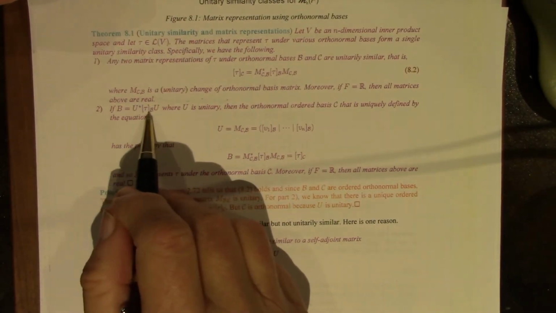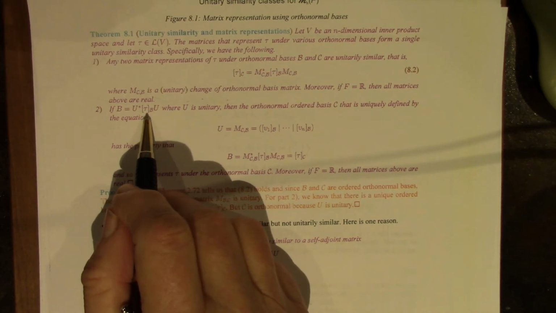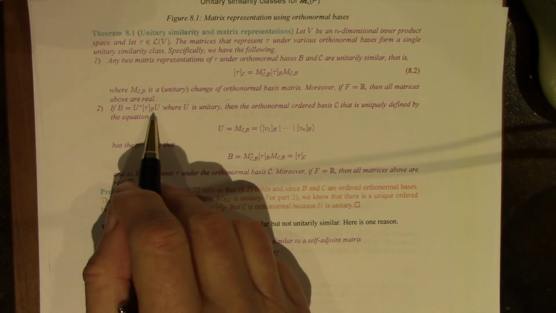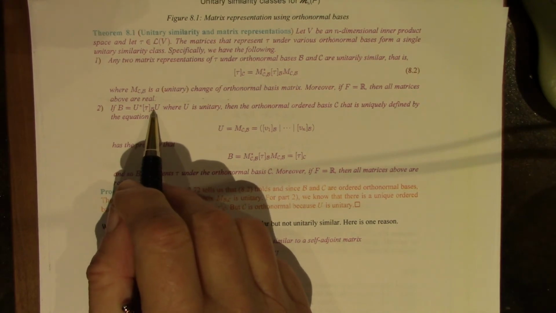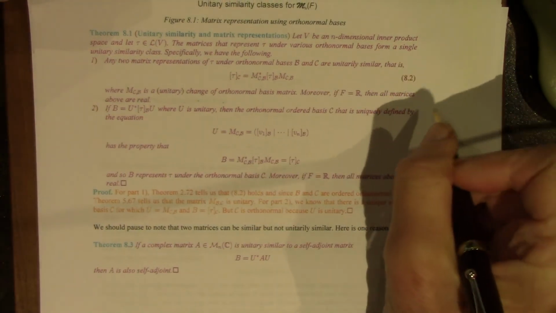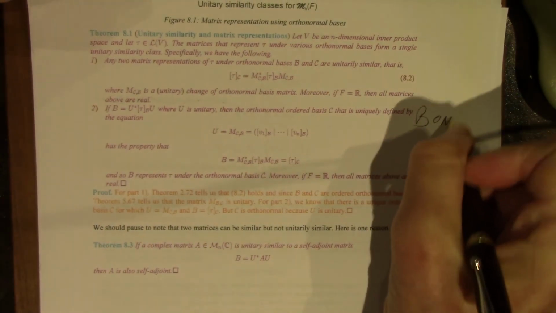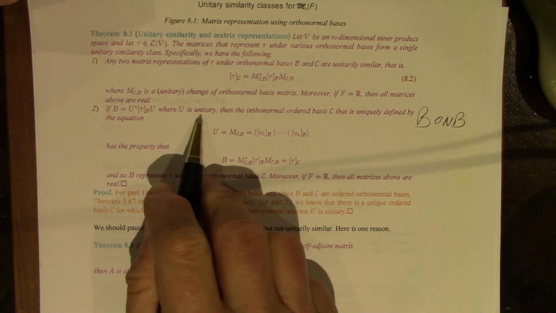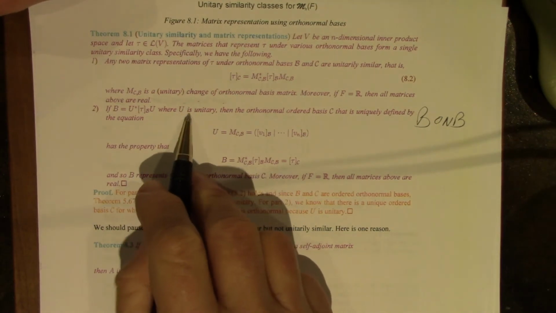Conversely, if we have one matrix representation of tau, and B here should be an orthonormal basis, I don't think I made that clear, so I better do that. U is unitary.